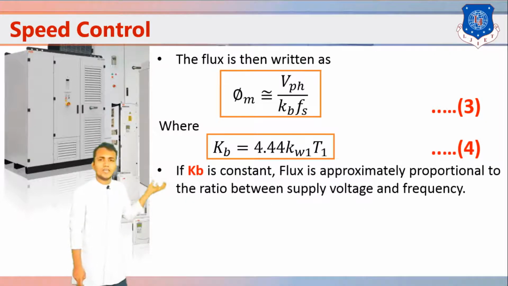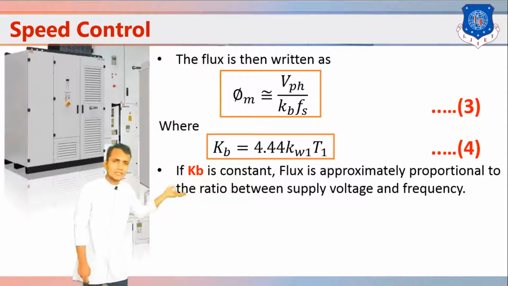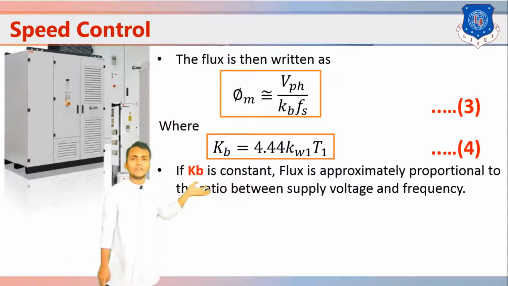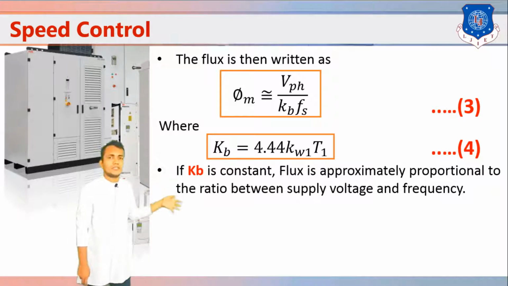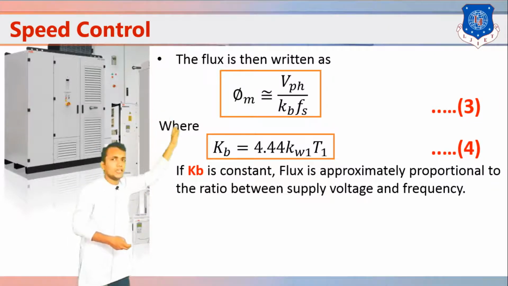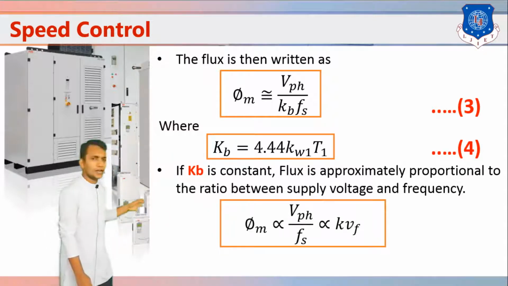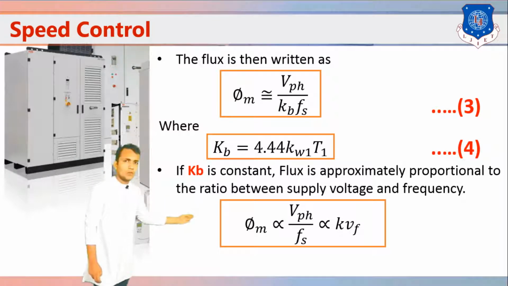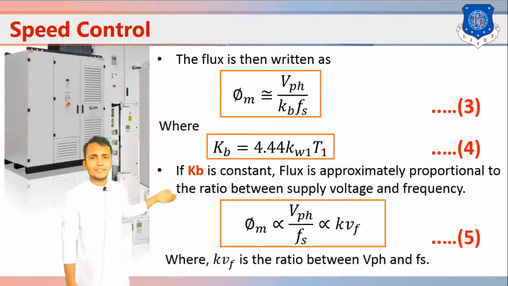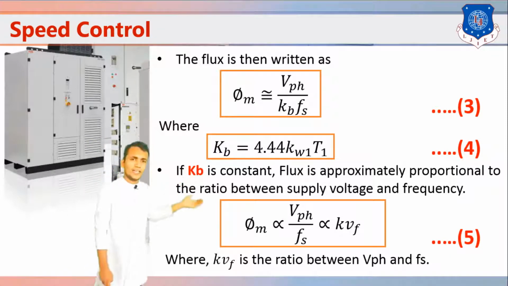And if kB is constant, the flux is approximately proportional to the ratio between the supply voltage and frequency. So in equation number 3, if kB is constant, then flux is directly proportional to the V by F ratio. So we can write phi m is proportional to V phase divided by Fs, proportional to K into V/F. Here K into V/F is the ratio between voltage and frequency. That is equation number 5.